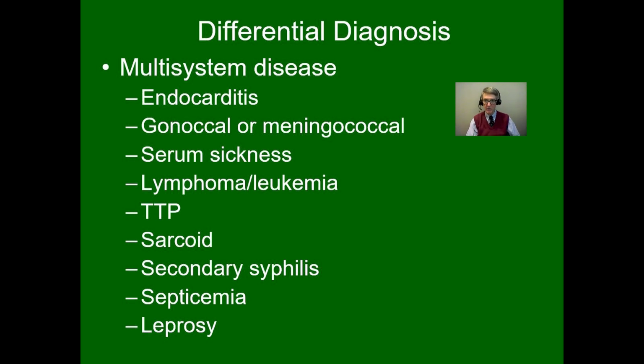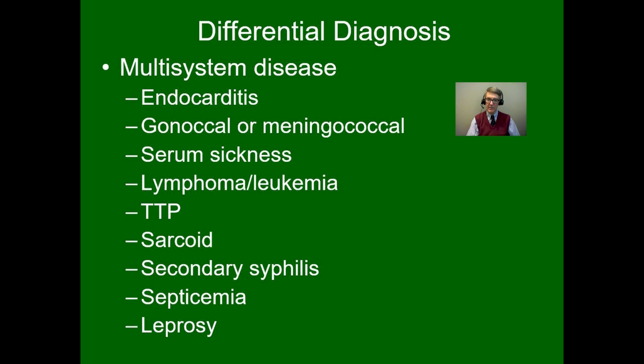They can sometimes have joint pain and stuff. Gonorrhea or gonococcus or meningococcus can present with rash and arthritis, which looks like lupus. Serum sickness, which is a reaction to drugs, can present with a rash. We did show the rash and arthritis and sometimes kidney involvement. And this probably is an immune complex disease.